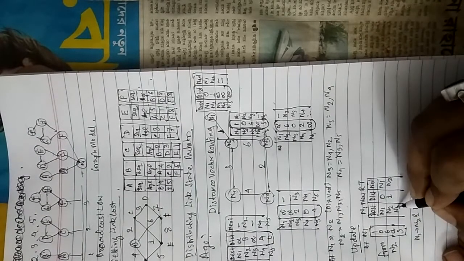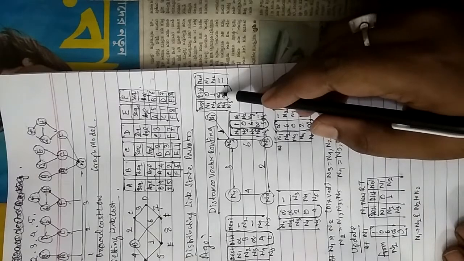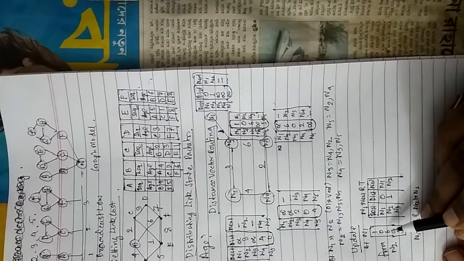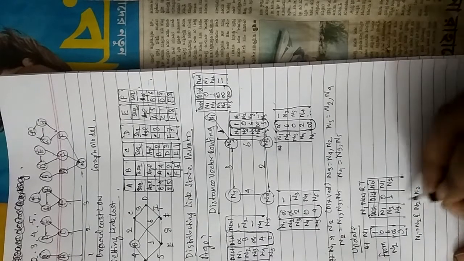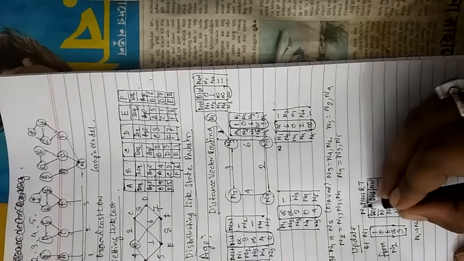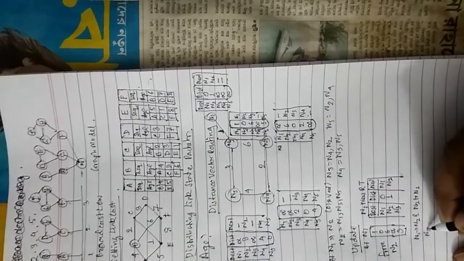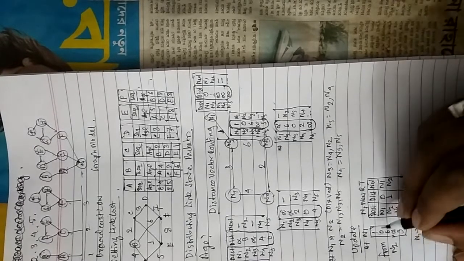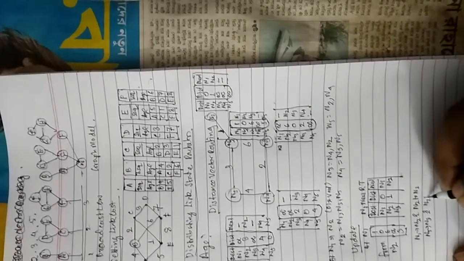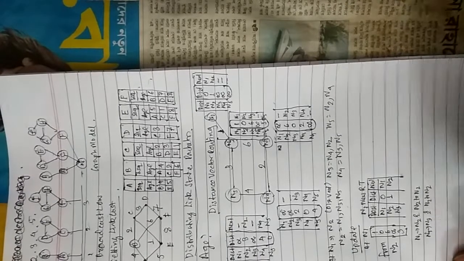From N1 to N3 it was initially infinite, but now see, if you want to go from N1 to N3, what will be the path? First N1 to N2, and then from N2 to N3.